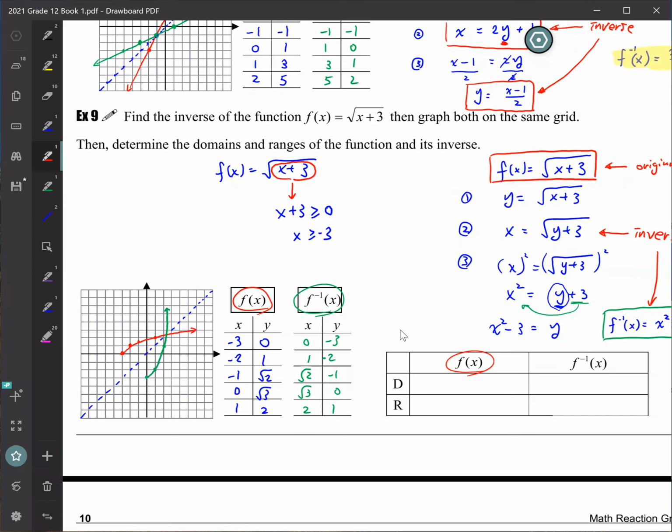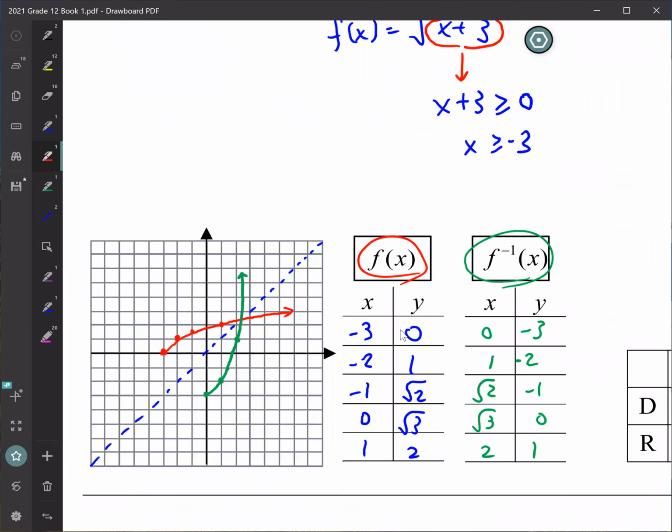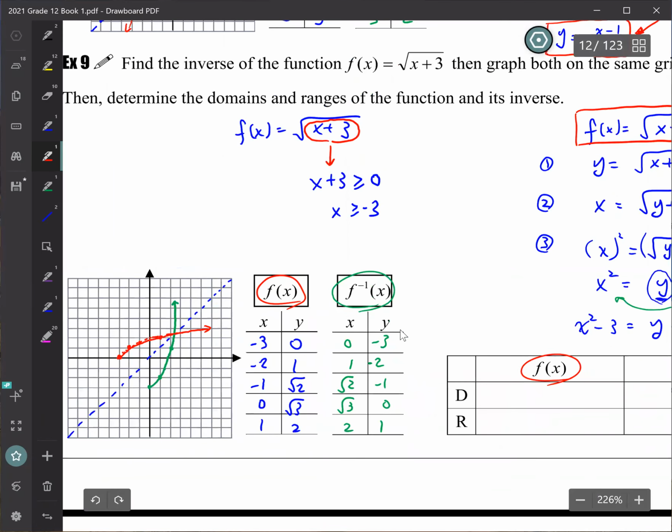The X values for all the red points start from -3, if you look at the table. Because of the restriction, it needs to start with -3. So we can say the domain is X greater than or equal to -3. Domain is describing what kind of X can be used for the points.